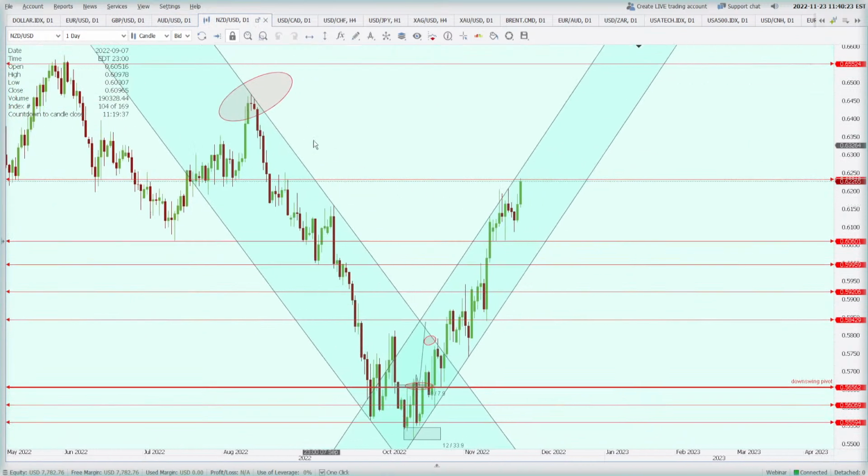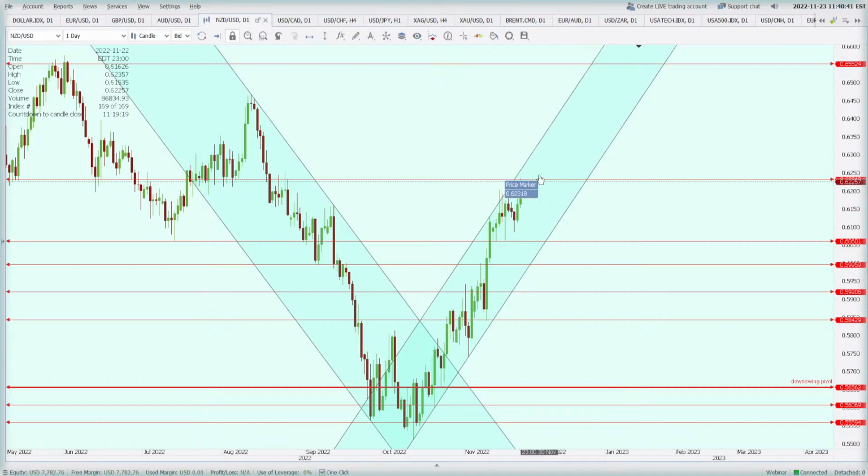In a similar fashion, the New Zealand dollar has already reached the area of resistance, 0.6231. It has already tested that. Maybe some sellers may emerge here and push the price down, but we will not be speculating anything. We'll see tomorrow maybe what happens here.